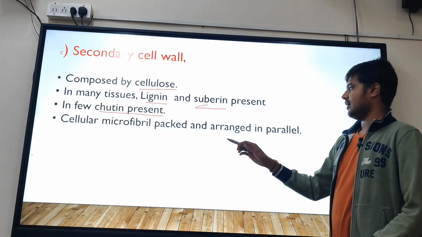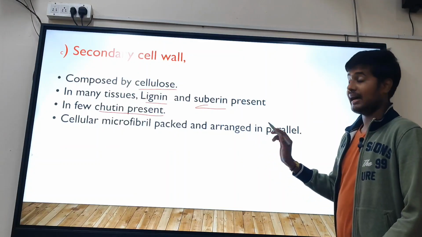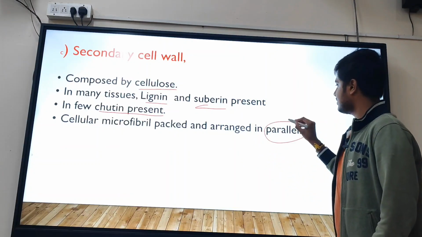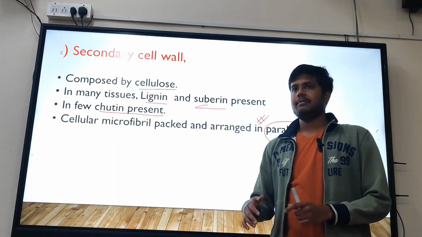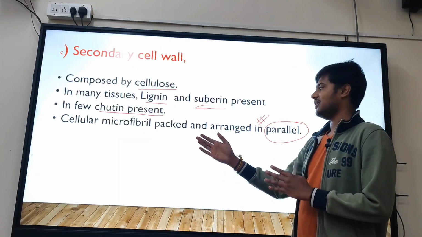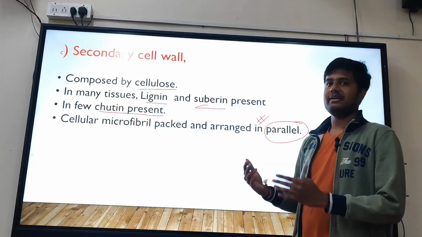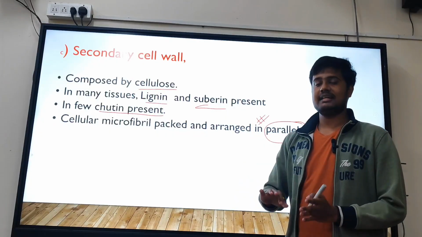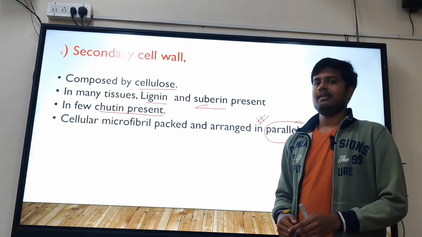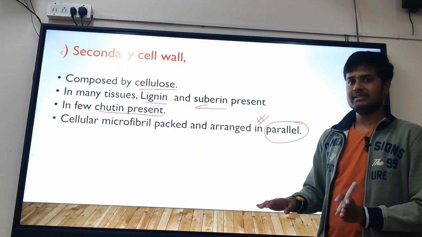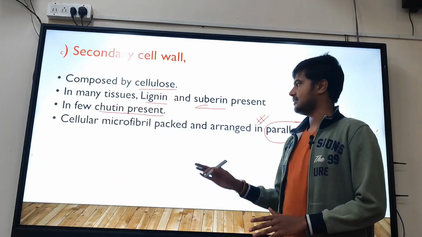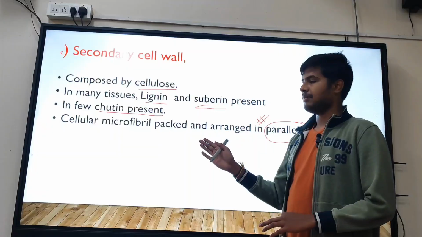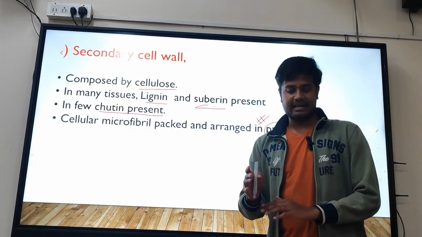Cellulose microfibrils are packed and arranged in a parallel manner. This is also a point for examinations. They may ask, cellulose microfibrils are packed and arranged in a perpendicular manner in the cell wall, true or false. Like statement based questions they may ask. This is very important: cellulose microfibrils are arranged in a parallel manner.